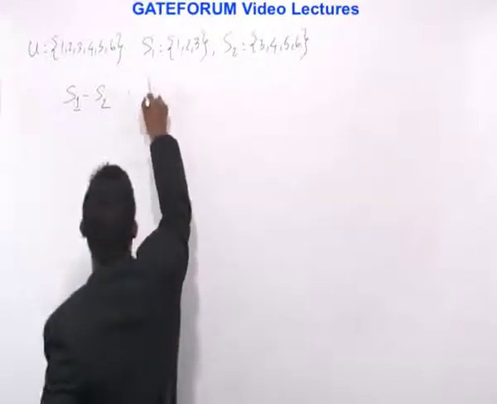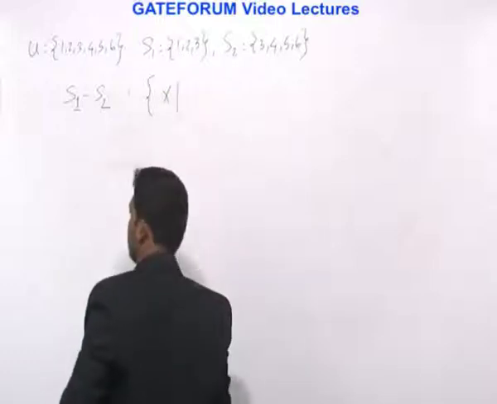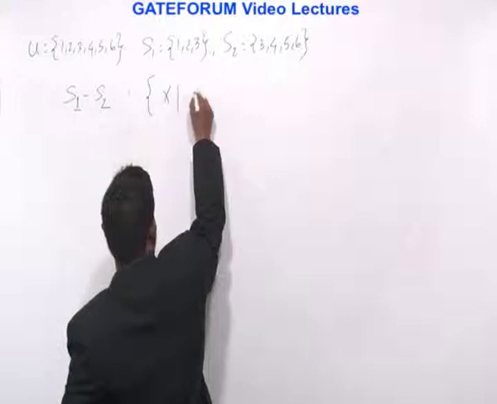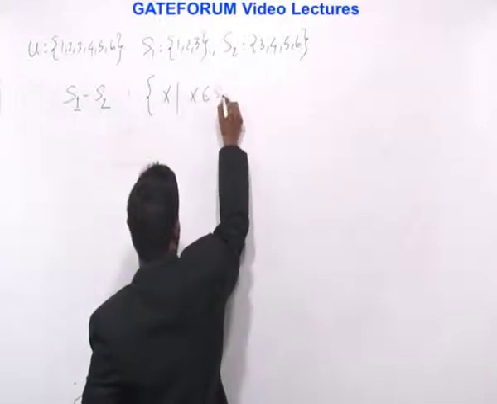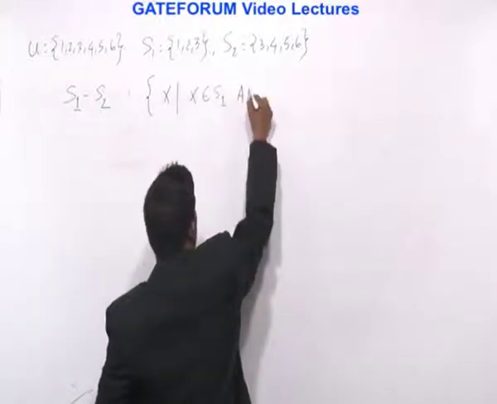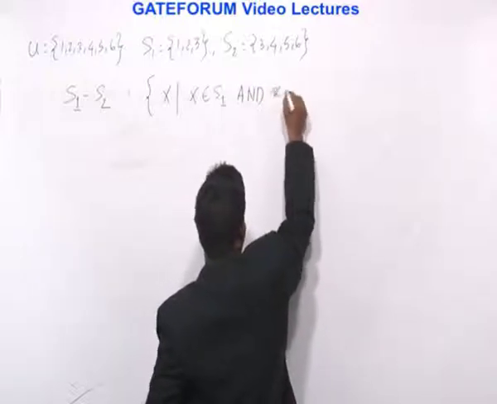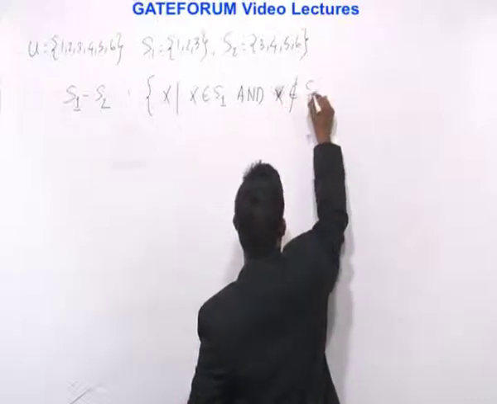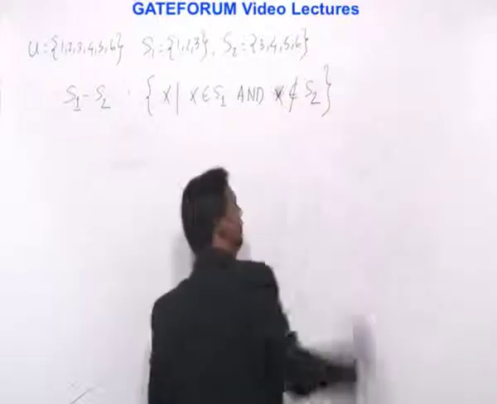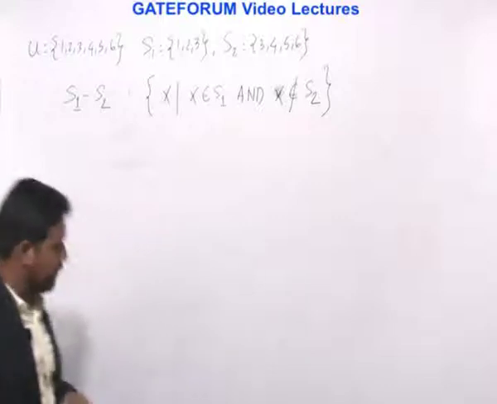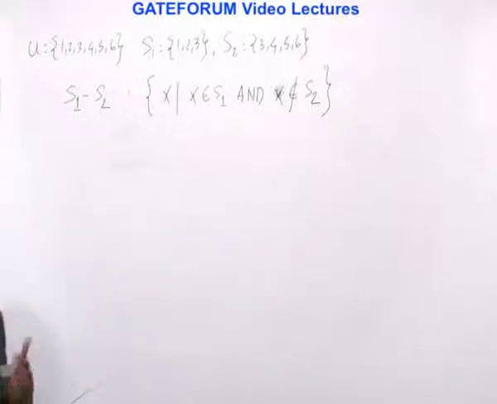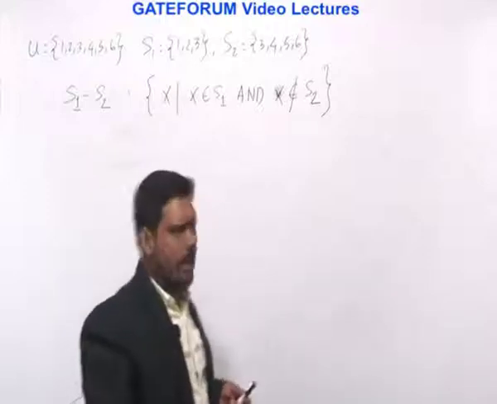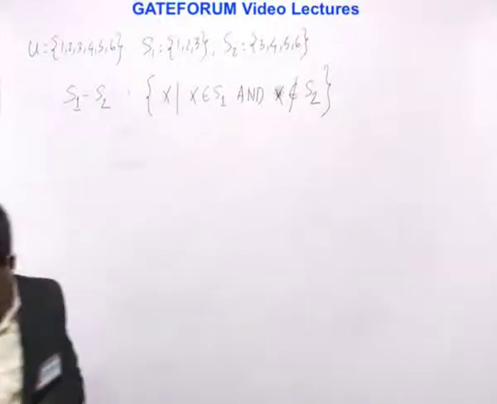We are interested in all x such that x is an element of S1 and x is not an element of S2. This is the definition: we are interested in those elements which are exclusively elements of S1 and not elements of S2.